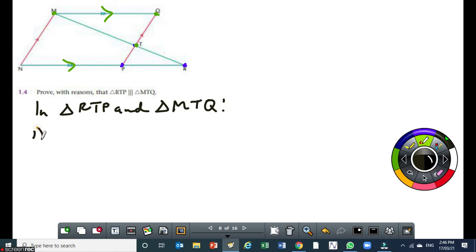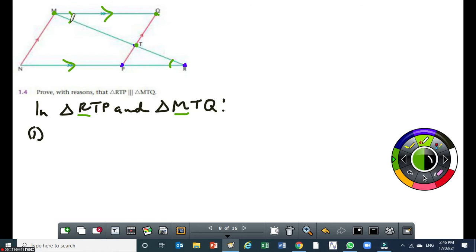Number one, I just have to prove that two pairs of corresponding angles are equal. The third pair is automatic. So let me start with this R here, which is this angle. It is related to angle M.